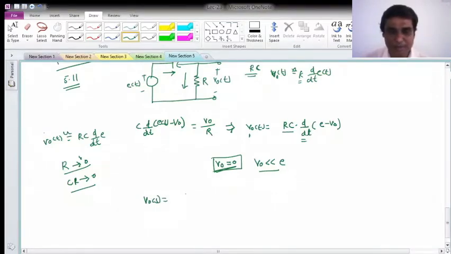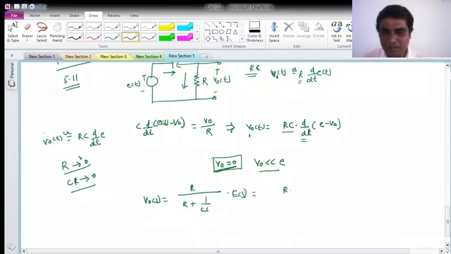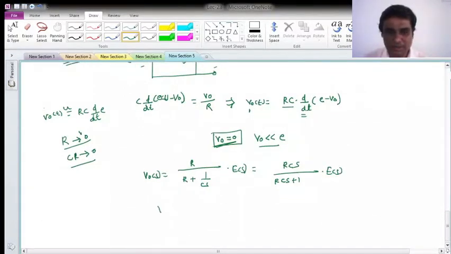So it will be R divided by R plus 1 over CS, into E(s), which will be RCS upon RCS plus 1, into E(s). So V0(s) will be equal to SCR upon SCR plus 1, and this will be approximately SCR into E(s), so that V0(t) will be approximately equal to RC d/dt of E(t), right?